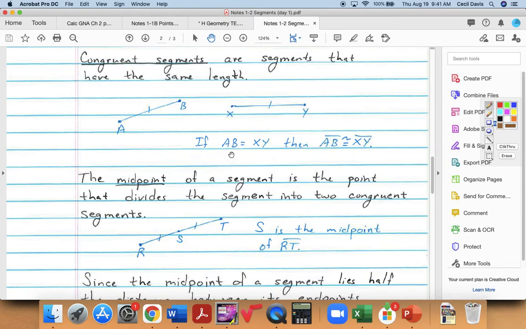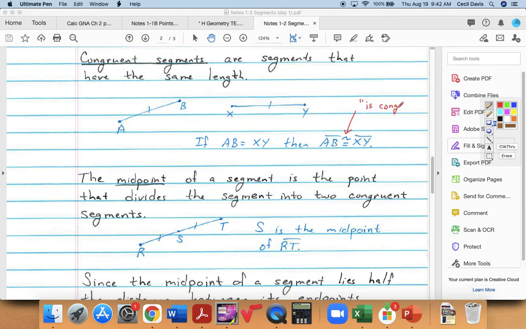And we say if the length of AB, remember with no bar above it, that means the length of AB, or the distance from A to B, is equal to the length of segment XY, then segment AB, and this is a new symbol for you, is read as congruent to. Segment AB is congruent to segment XY.